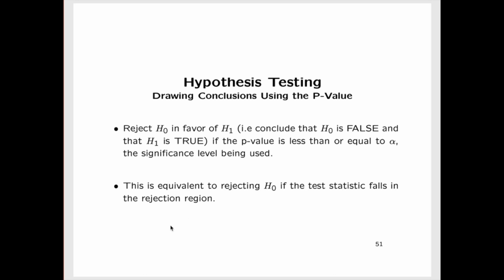And this approach using p-values is completely 100% equivalent to using the test statistic and rejection region method. In fact, rejecting the null hypothesis if the p-value is less than or equal to alpha is equivalent to rejecting the null hypothesis if the test statistic falls in the rejection region. So that is what a p-value actually is, and this is how a p-value is used.